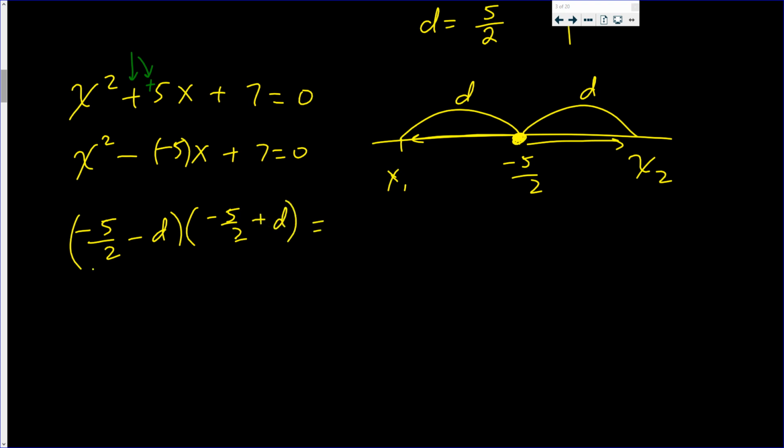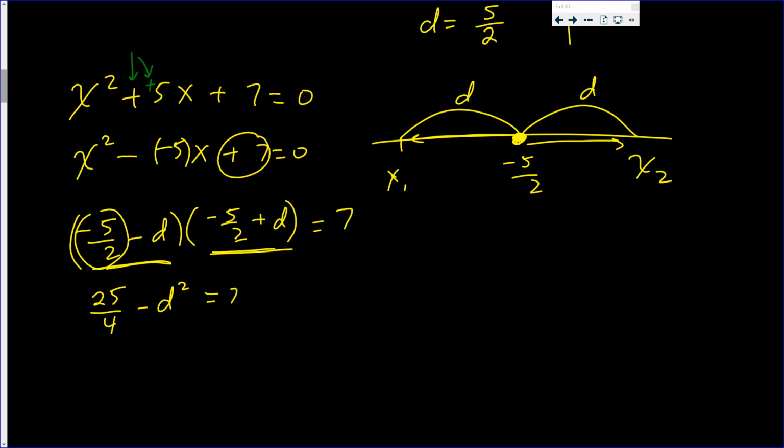And since this is x1 times x2, it has to equal 7. So we have this number squared, which is 25 over 4, minus d squared. That's what you do when you get the difference of squares, a squared minus b squared.